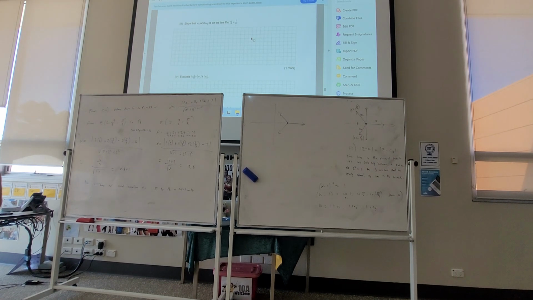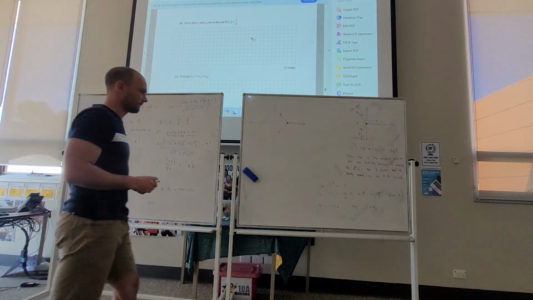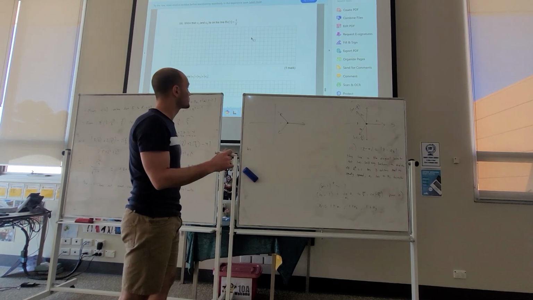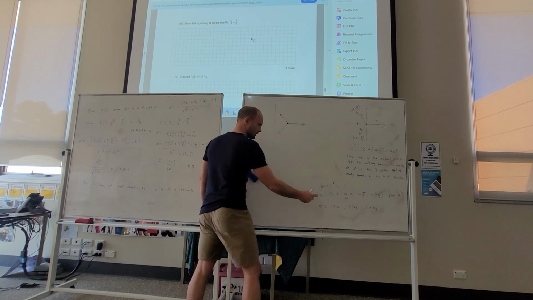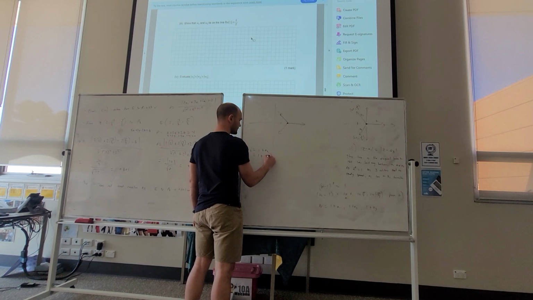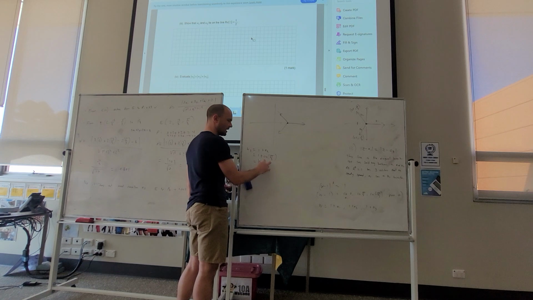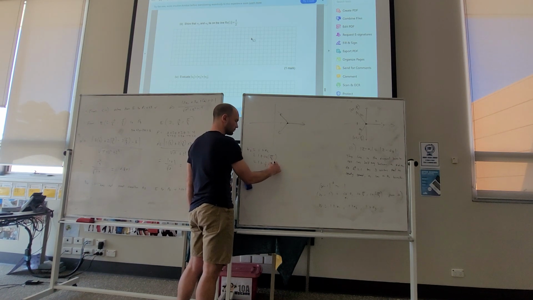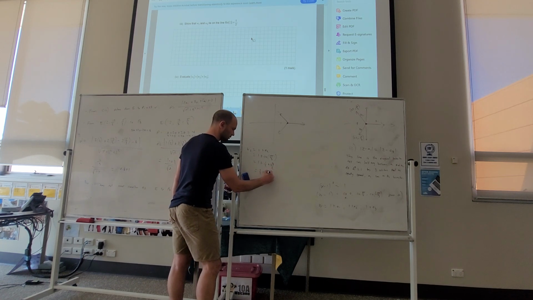Show that W2 and W3 lie on the line where the real part of z is half. Okay, so if we think about W2, alright, so W2 is this one, 1 plus A2, which is 1 plus cis of 2 pi on 3, which is 1 plus, and cis of 2 pi on 3, well that's negative half plus root 3 on 2 i, which is half plus root 3 on 2 i.